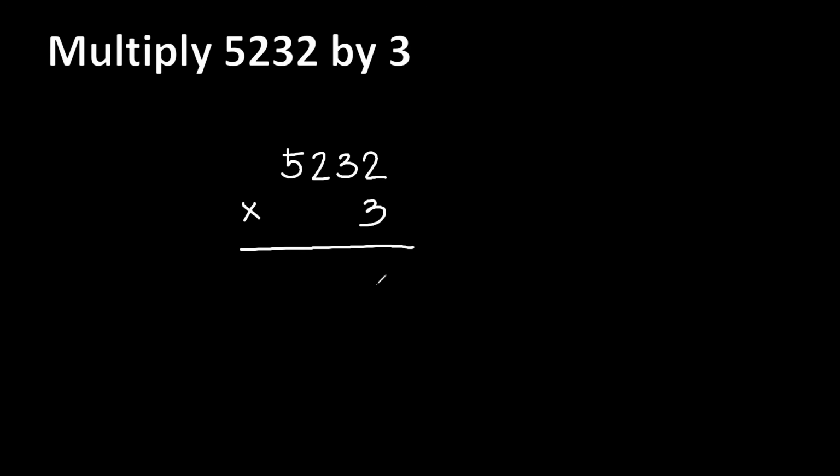So again, we are going to multiply each digit one by one, starting from the ones place. 3 times 2 is equal to 6. 3 times 3 is 9. 2 times 3 is 6. And 5 times 3 is 15. So the product is 15,696.